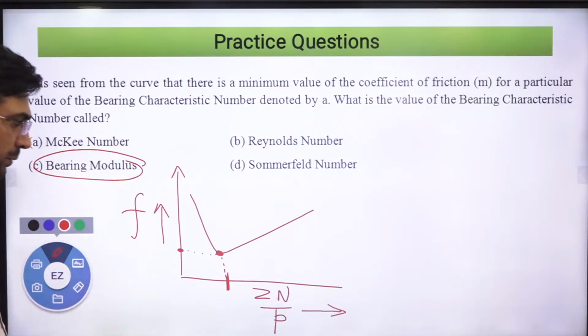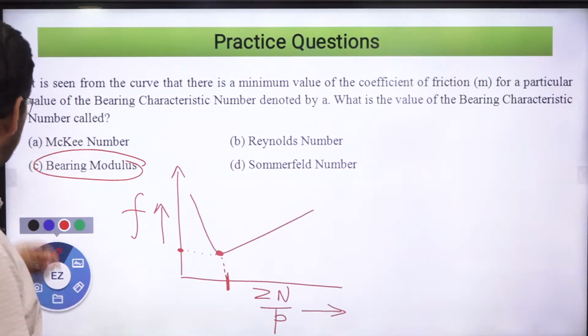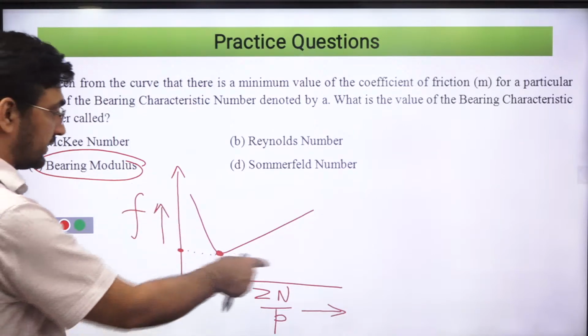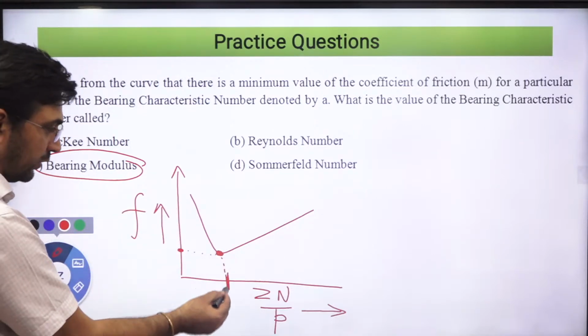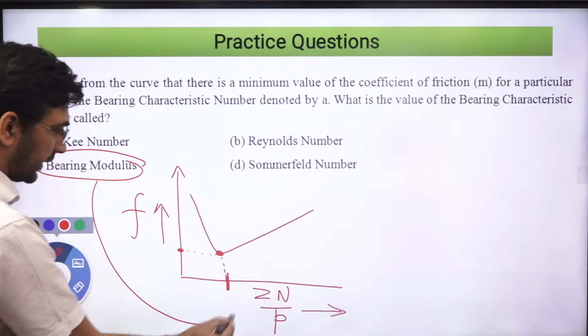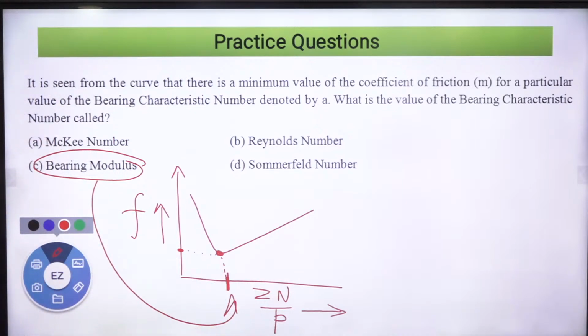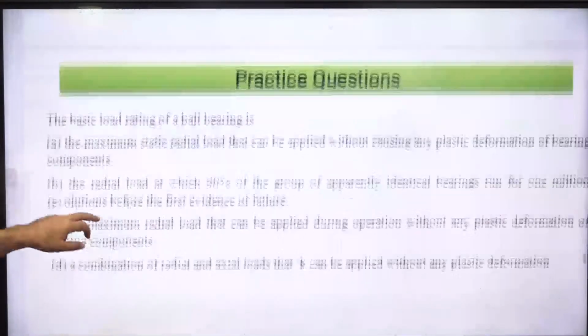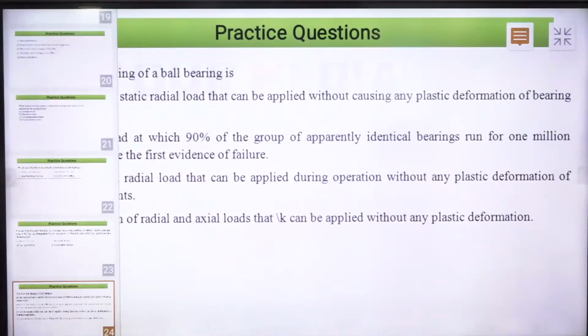Mackey brothers basically conducted this experiment, right? So this value of Zn by P, we call it as a bearing modulus. Okay, that is how you have to go ahead with this.